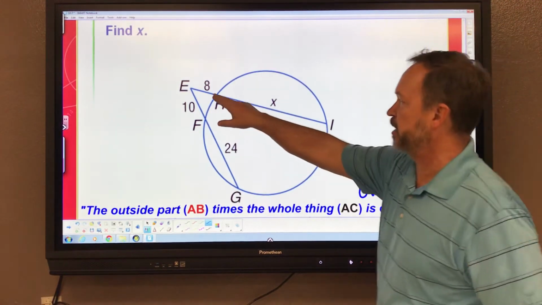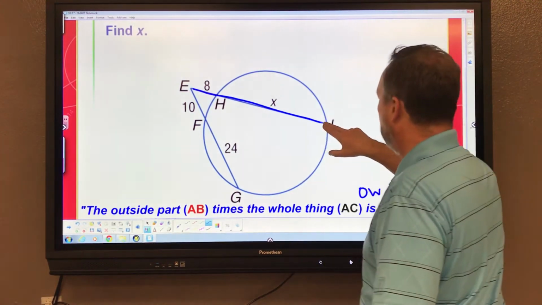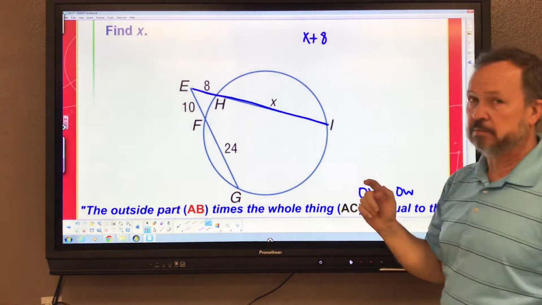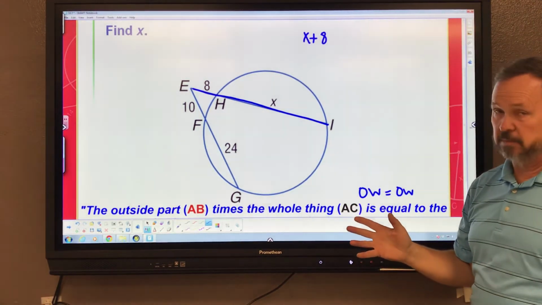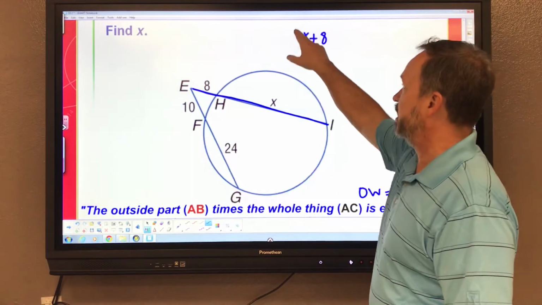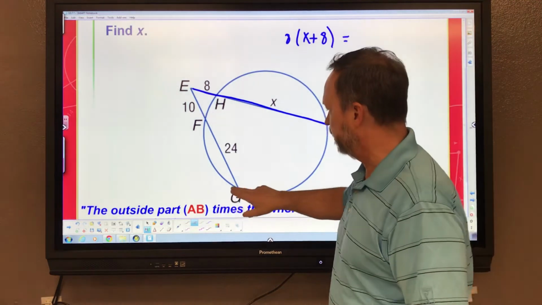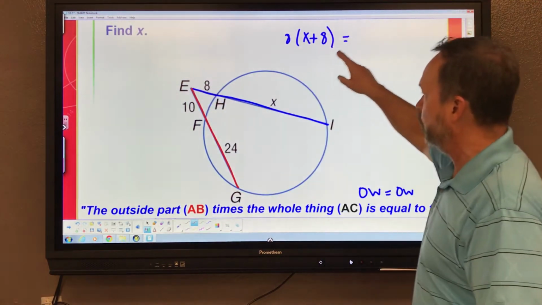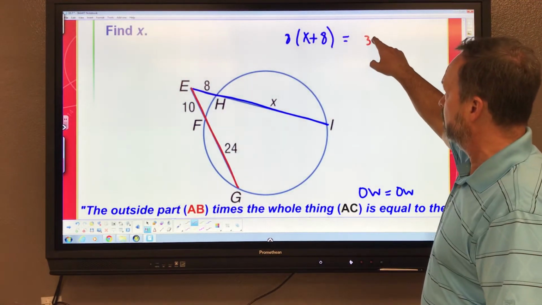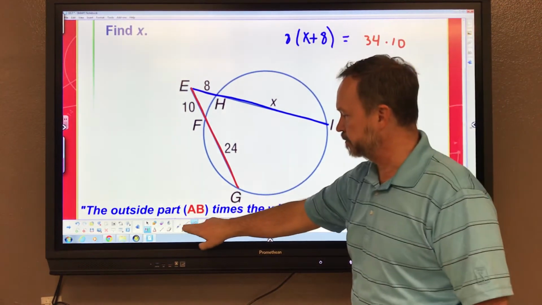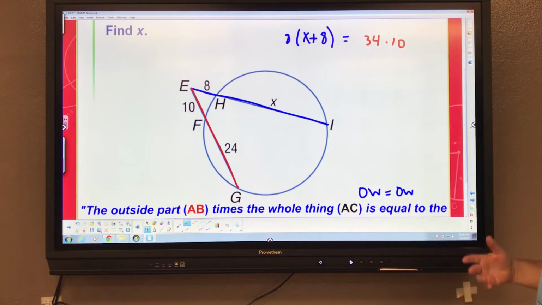If we're talking about this one, the whole thing is x plus 8. Outside piece is 8. And then if we're looking at this one, the whole thing is 34. Outside piece is 10. Whole thing times outside piece.